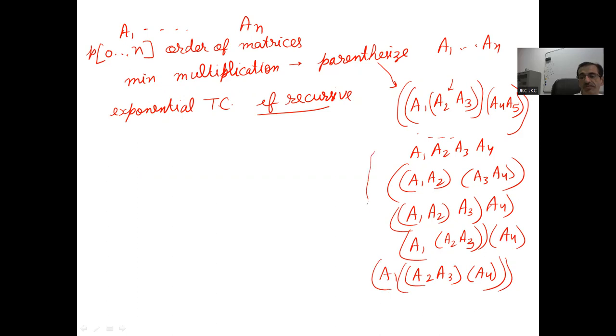For 4 you can see so many permutations, so for n being bigger, it will grow exponentially.